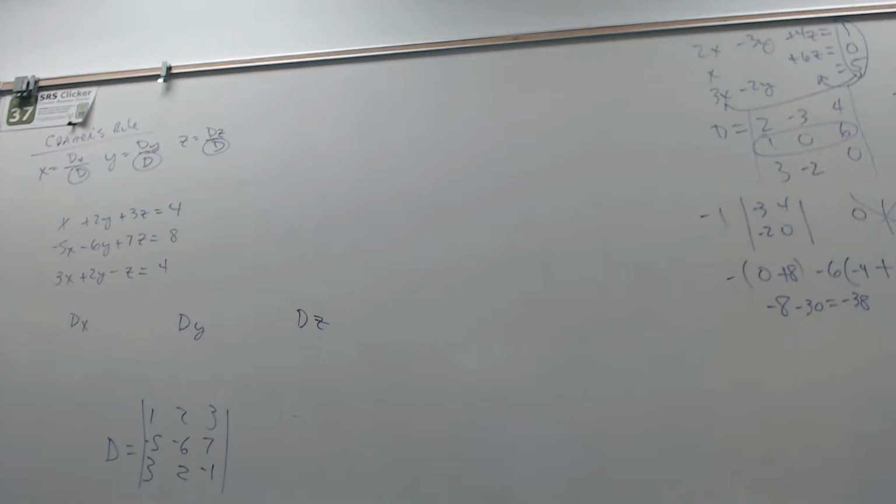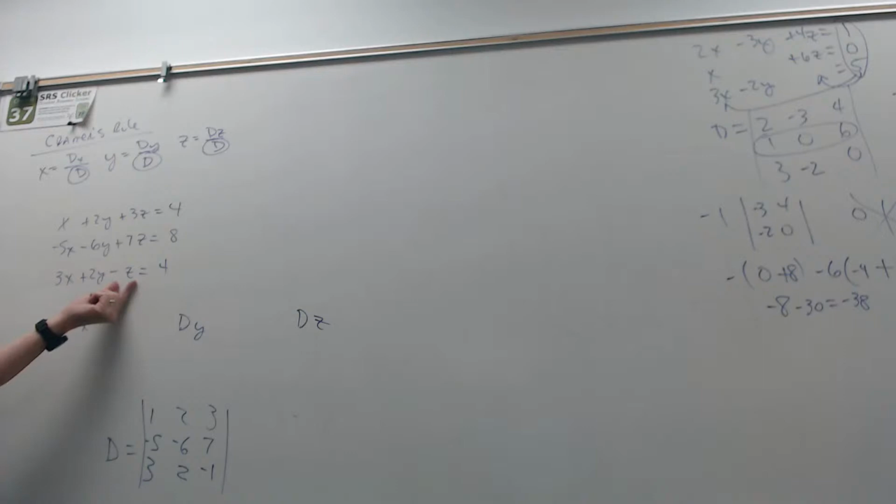Now, the idea here for D sub x is going to be the same thing, but since it's the x variable, I'm going to replace this column with the x. When we're in the y, I'm going to take this column and replace it with the y. When I'm in the z, I'm going to take this column and replace it with the z. Does that make sense?